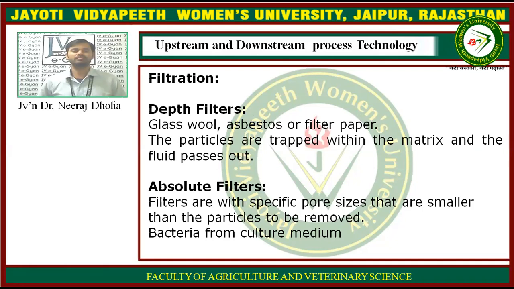One is the depth filter. It is made up of glass wool, asbestos, or filter paper. The particles are trapped within the matrix and the fluid passes out. Another is the absolute filter. These filters have specific pore sizes that are smaller than the particles to be removed. What is the difference between the depth filter and the absolute filter?